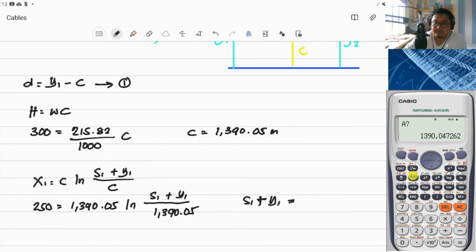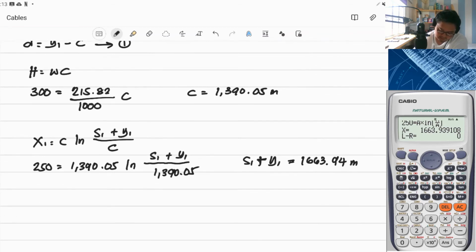Solve. So S1 plus Y1 equals 1663.94 meters. This is equation 2.